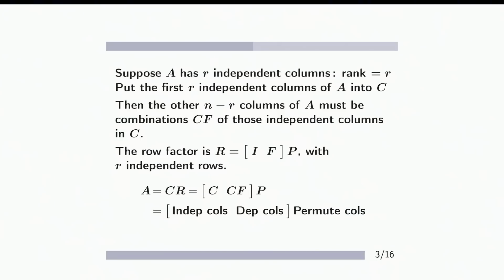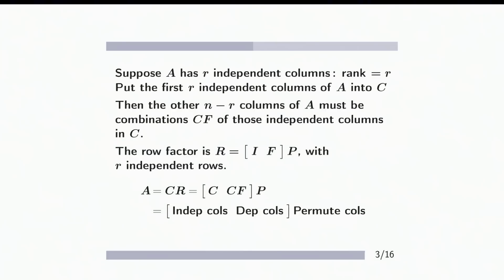What is that R? Well, it starts with the identity matrix, and then it has a matrix F that accounts for the dependent columns. So the identity matrix is sitting in the columns that are independent in A, the first little r columns, and then the F matrix.